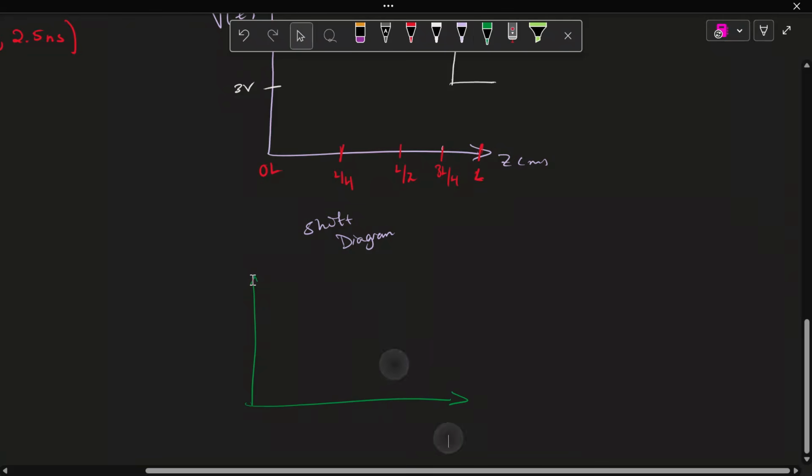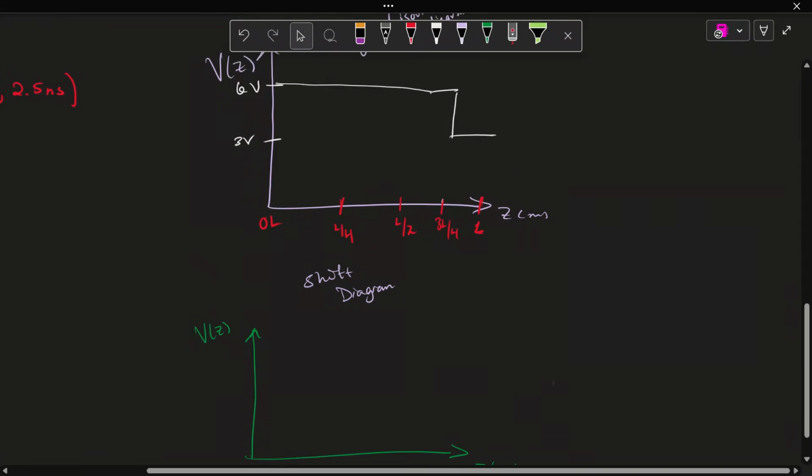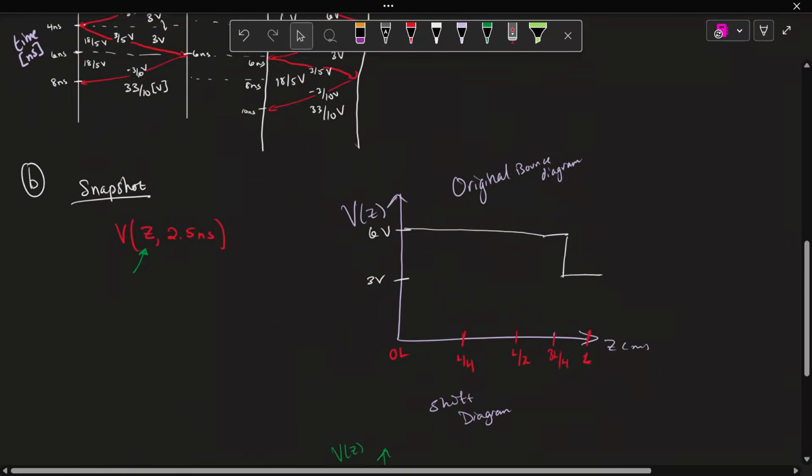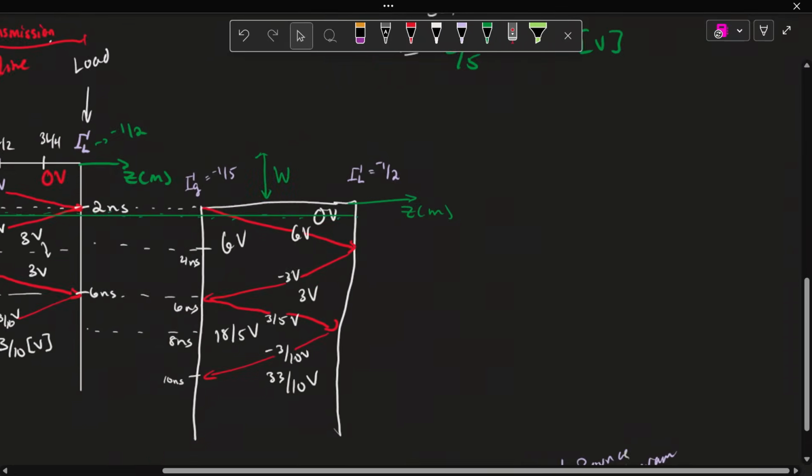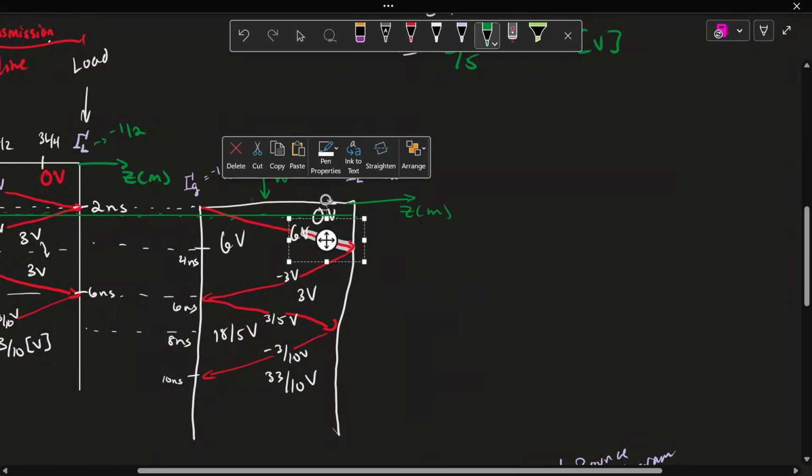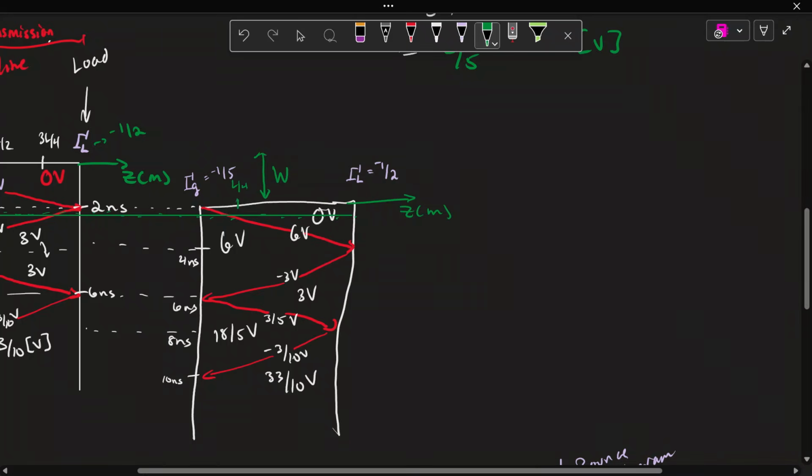Okay, it doesn't have to be perfect. We just have to make sure to get this done here, Z in meters. Now, we look at our shift diagram. Remember, we'll say this is L over 4, L over 2, and 3L over 4.